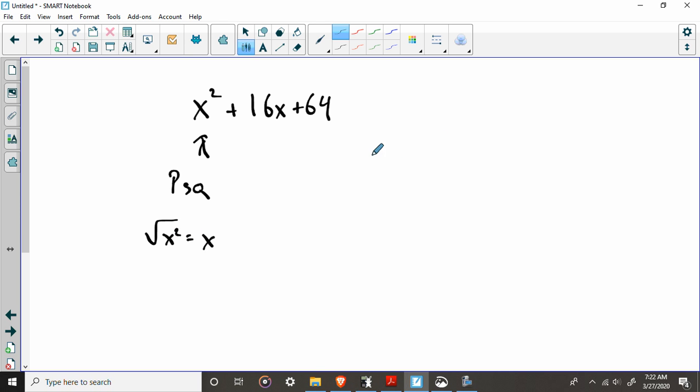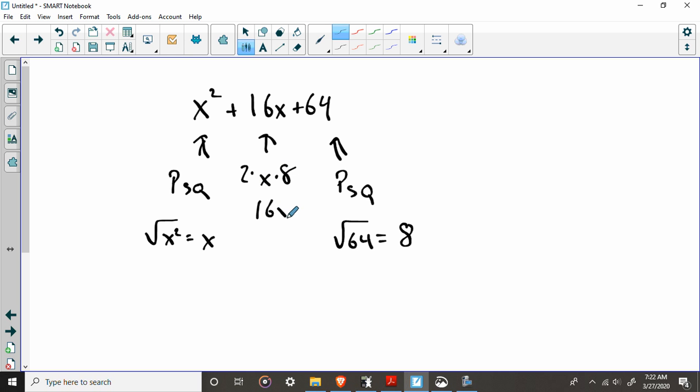Good. Is this a perfect square? Yes. The square root of 64 can be positive or negative 8. We'll talk about when we're going to get a negative in a second. Okay. True story. Is this one in the middle 2 times x times 8? Well, 2 times 8 is 16. Is it 16x? Yes, it is.